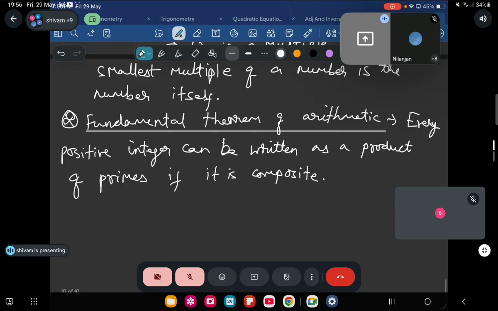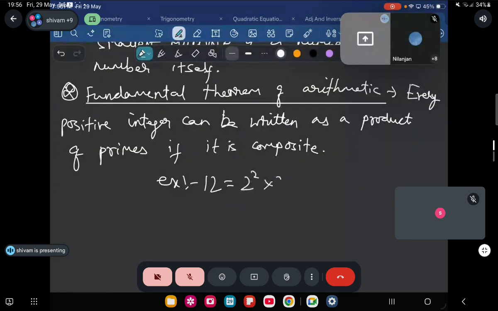You must have done it in class 7, 8, taking prime factorization. That is what the fundamental theorem of arithmetic is. For example, 12 can be written as 2 square into 3.